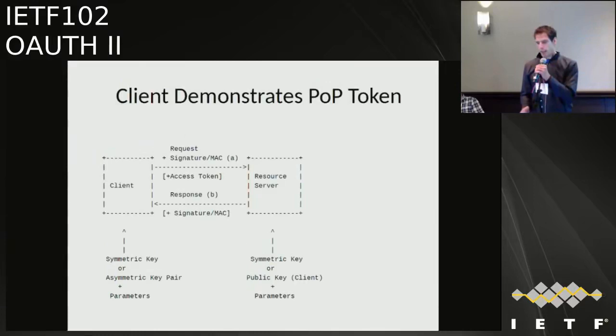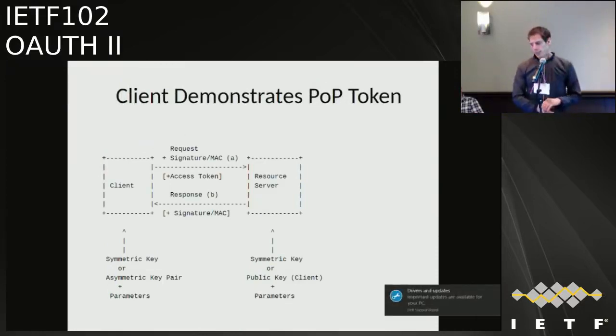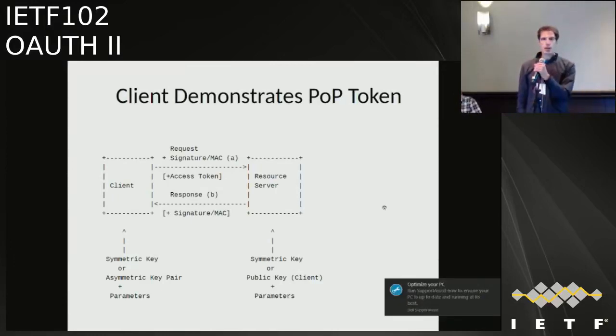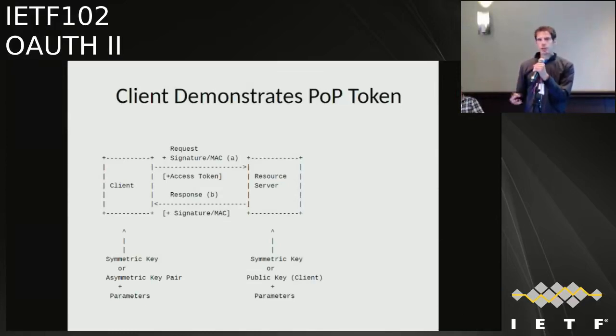Okay, and then of course the client, when it talks to the resource server, has to use the POP token and demonstrate possession of the key, and it does this in a variety of different ways. Specifically in the work done in ACE, there are different ways defined to tie it to a specific security protocol. There's a DTLS-based version, there's an OSCORE version, and so on.